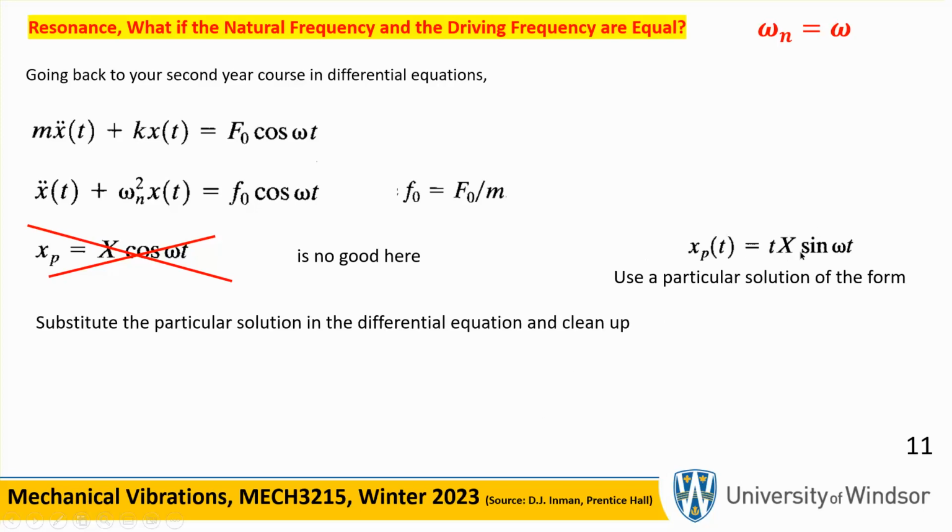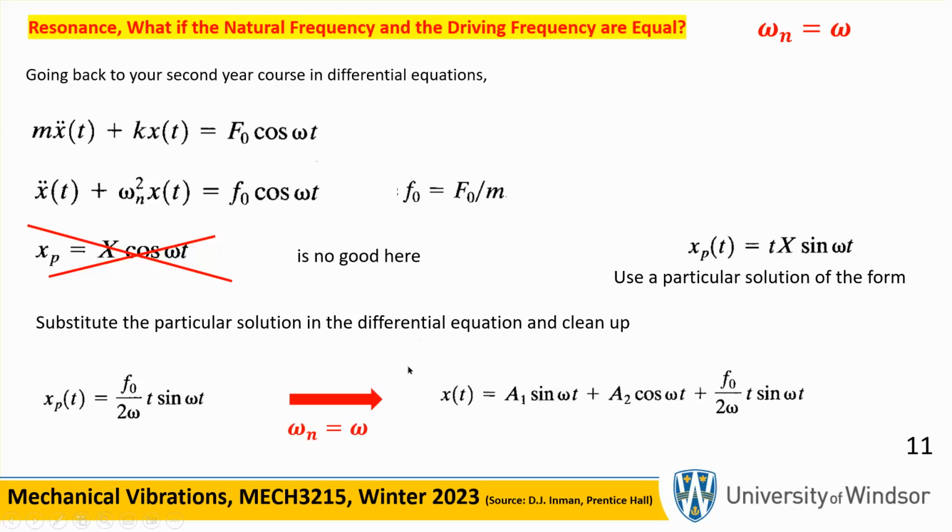So we take this guy and plug it in there, either in this or the top one, and clean up. What I have done here is, if you take this, t times sine of omega t, right here, and this is just our f naught over m, no problem.